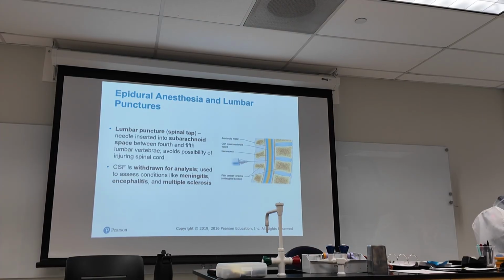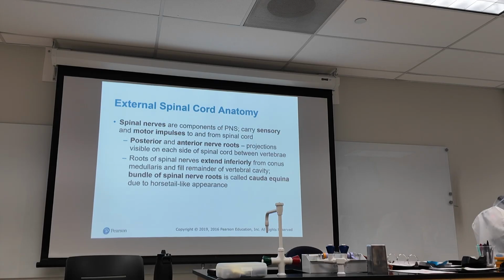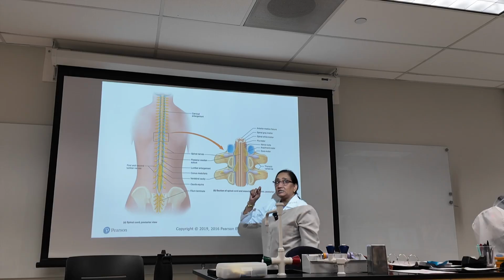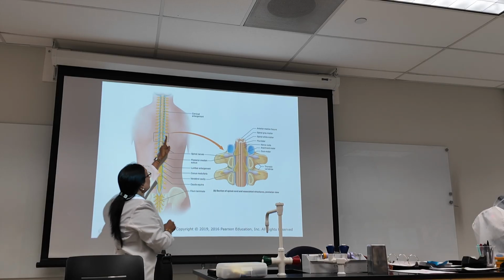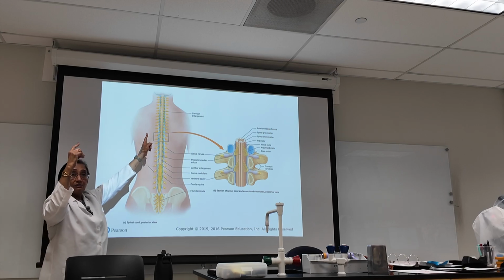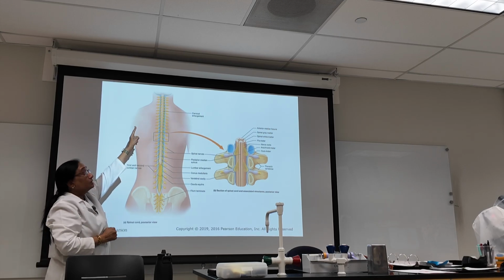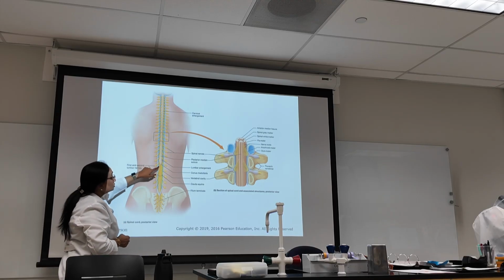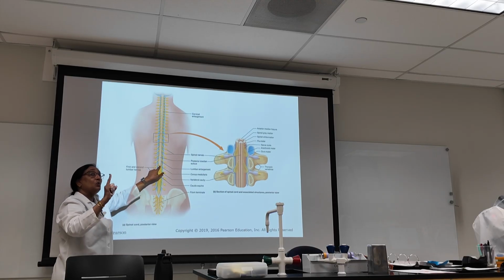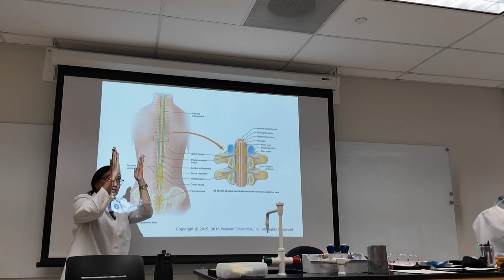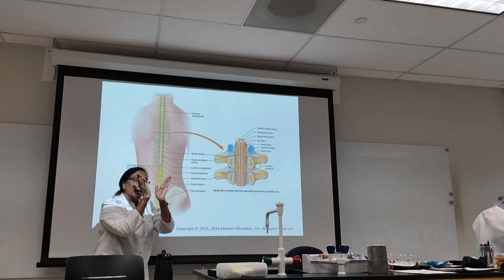Now, the spinal cord is about 17 to 18 inches long. It starts at the foramen magnum, which is the opening in the occipital bone. It continues from the medulla oblongata and goes all the way down to L1, L2. This is where the spinal cord ends. If you look at the end of the spinal cord, it is a conical shape, like a triangle.